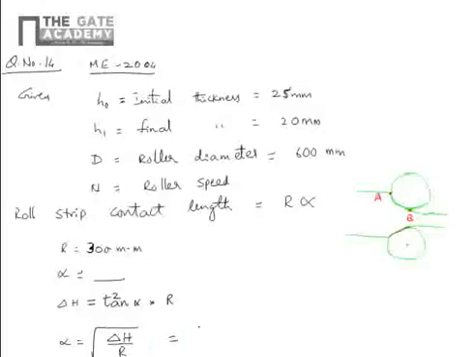Substituting delta h as 5 mm divided by r as 300 mm, you get 0.129 radians, and you have to multiply by pi by 180.